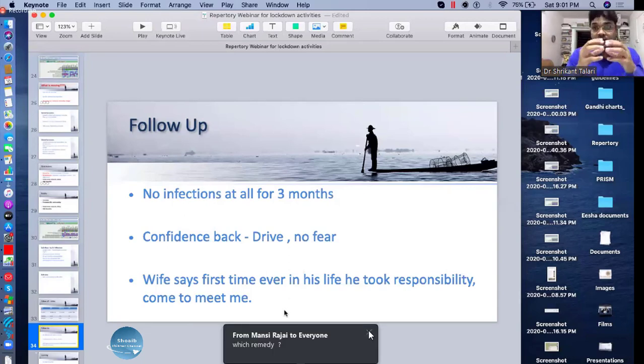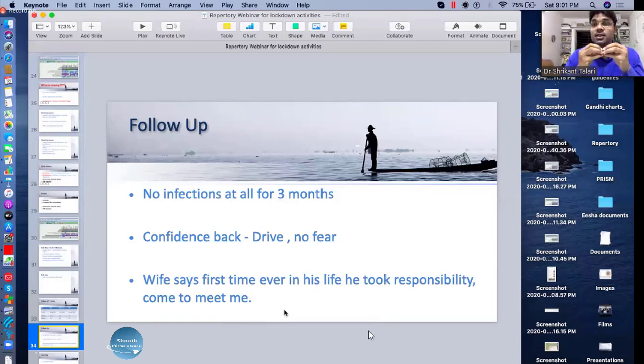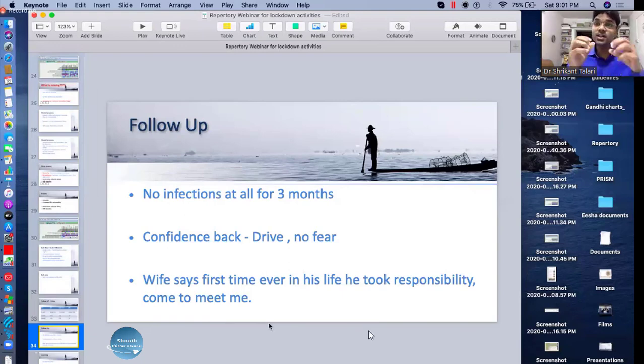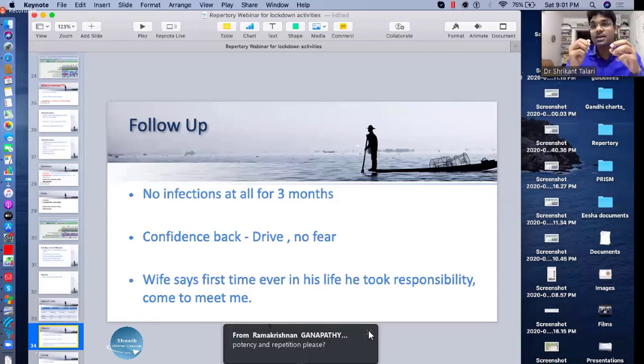So you see, when we take rubrics like this, there is transformation of a person, not only on physical level, but also on mental level. His whole mindset, his whole behavior, his whole symptomatology, his whole pathology, everything starts to improve. And this will happen only when we are taking symptoms which are not only the mechanical symptoms of the patient, but also the artistic part.